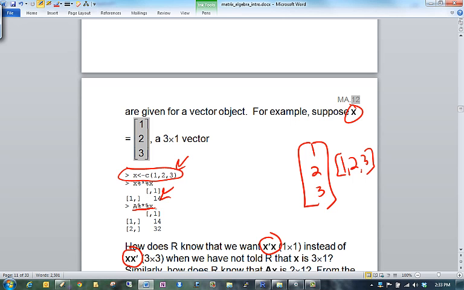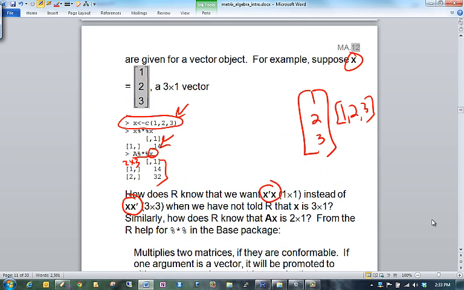If I take A times x, and remember A is a 2x3, and x itself doesn't necessarily have row and column dimensions at all in R itself. But in order to do this matrix multiplication, x needs to be 3x1. And in fact, R did the multiplication, and this is what it gets.